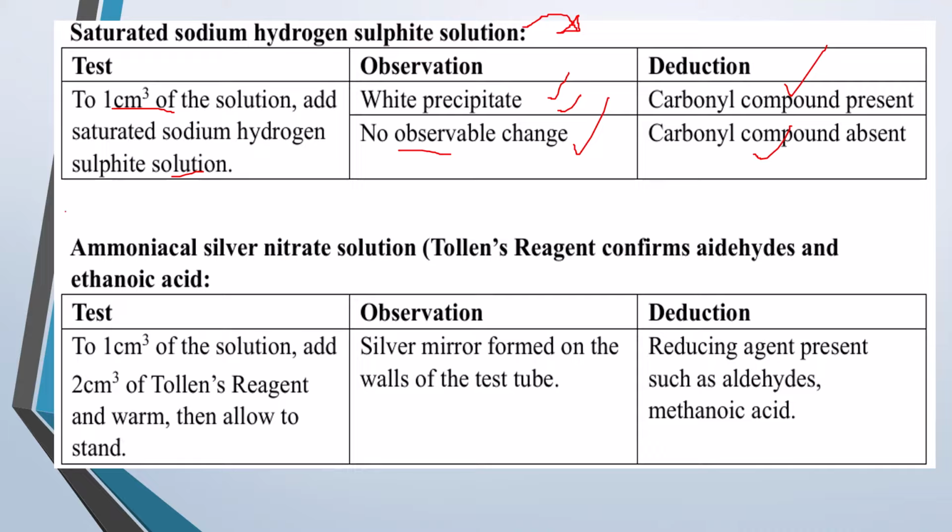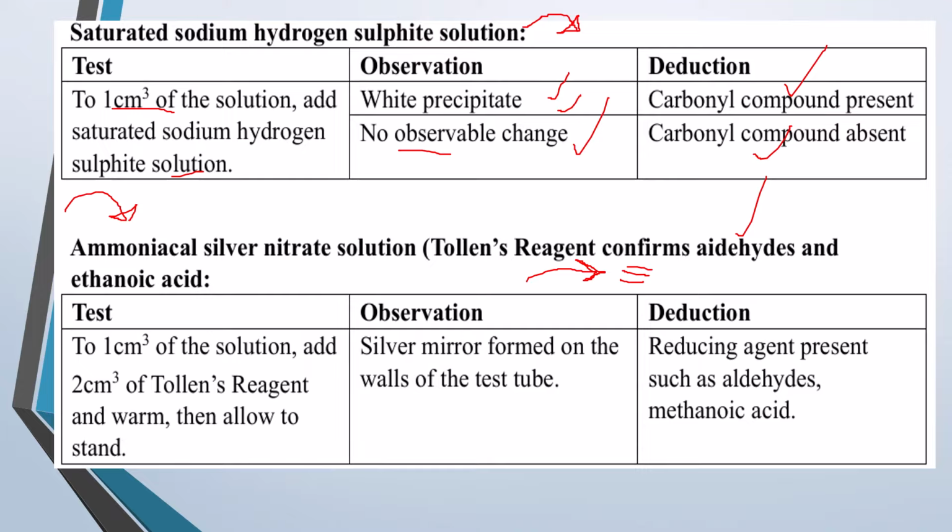Now the other reagent is ammoniacal silver nitrate solution. Ammoniacal silver nitrate solution has many functions. First, it may be used to test for unsaturation, the presence of multiple bonds such as terminal alkynes, and it can also be used to test for the presence of aldehydes and carboxylic acids such as methanoic acid, and it gives different observations on each.